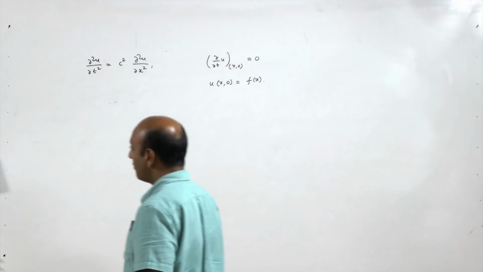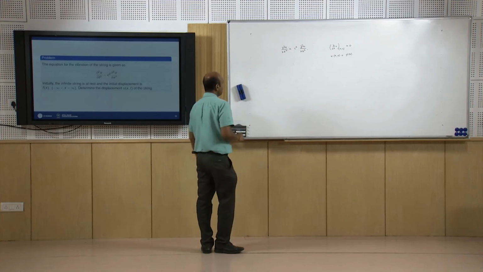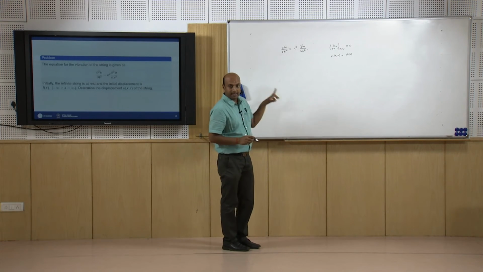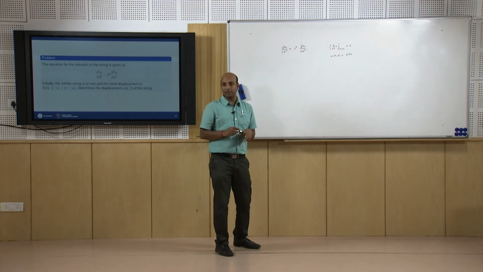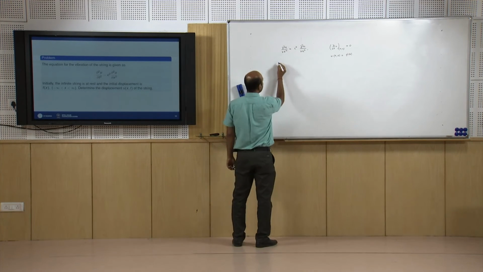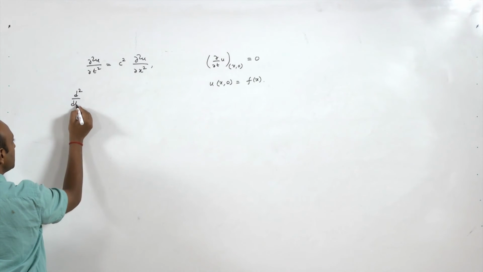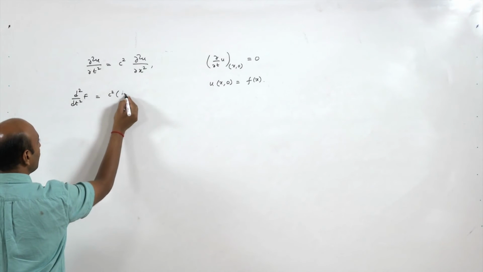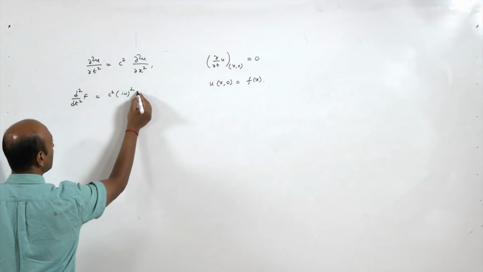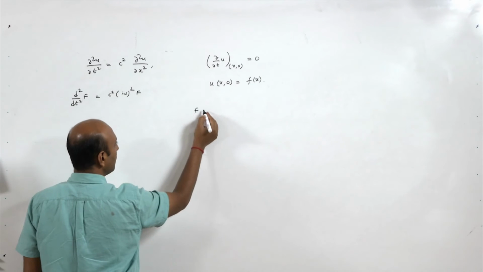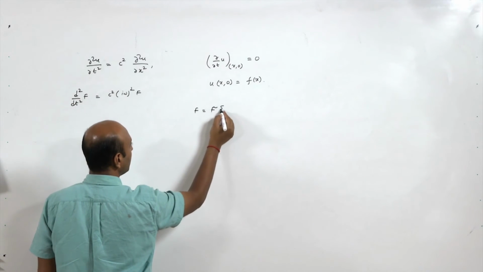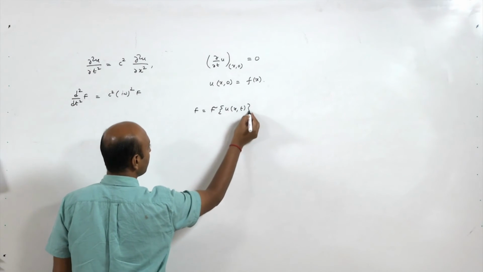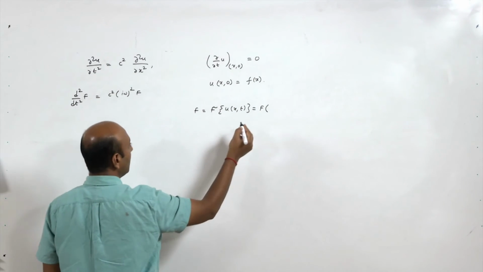So, again we will apply the Fourier transform technique. You will take the Fourier transform on both the sides with respect to x, because x is varying from minus to plus infinity. So, that means it is d square upon dt square of F, which is equal to c square (i omega) square F, where F is nothing but the Fourier transform of u(x, t), which is a function of omega and t.